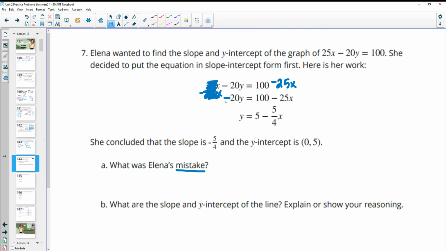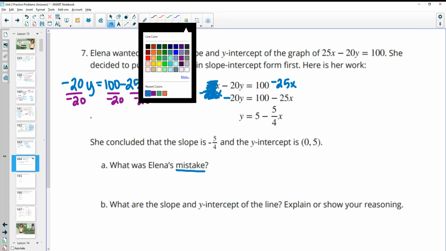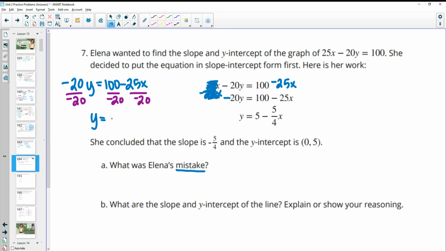So this should have been negative 20 in front of here. So we should have had negative 20y equals 100 minus 25x. So then she would have been dividing by negative 20 to both sides. So she would have y equals negative 5, and then this would have been positive 5/4 x when simplified.